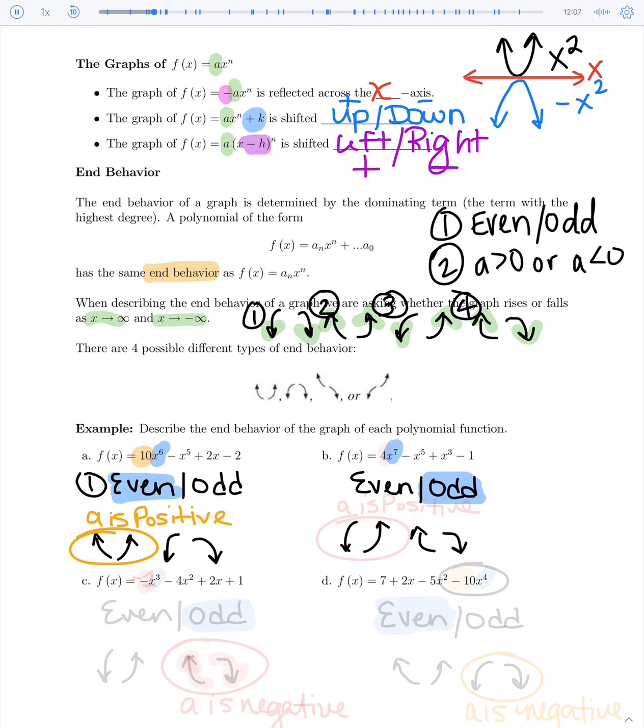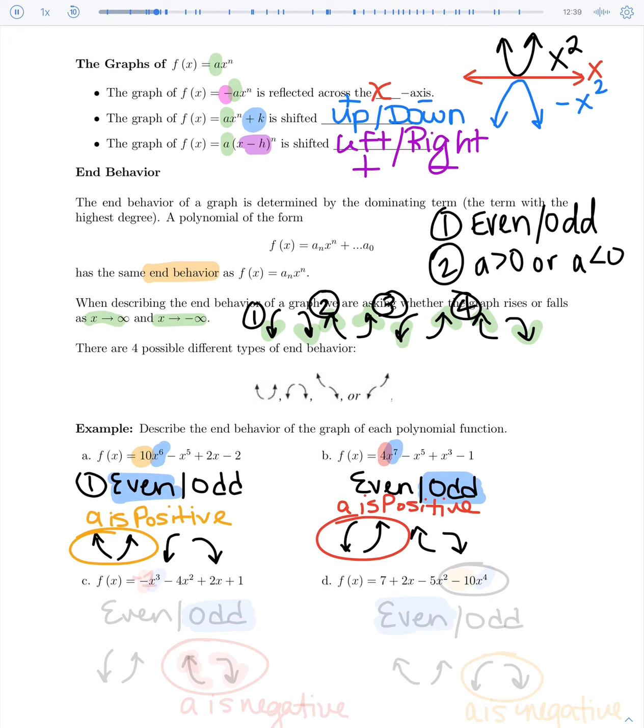Now, if we look at A, which is a 4 on this one, because it's positive, that means we're going to start with the traditional, which means we'll start going down first, and then we'll go up second, which means we're going to be looking at this first option. So we will be choosing this first option here, that it goes down then up, if A is positive. That's all.